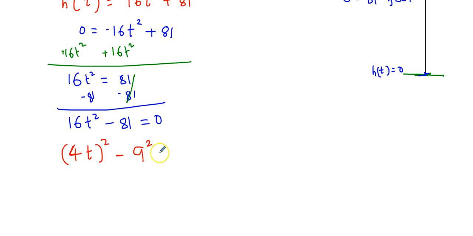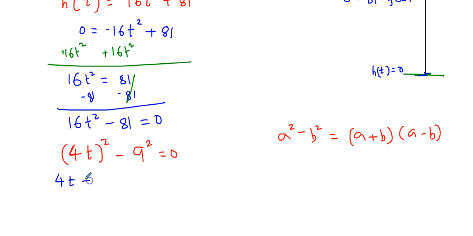On the right hand side it is 0, and we have the special product a square minus b square gives you a plus b times a minus b. So when you take the difference of two squares, it is the first term plus second times first minus second. Using that formula here, 4t plus 9 times 4t minus 9.